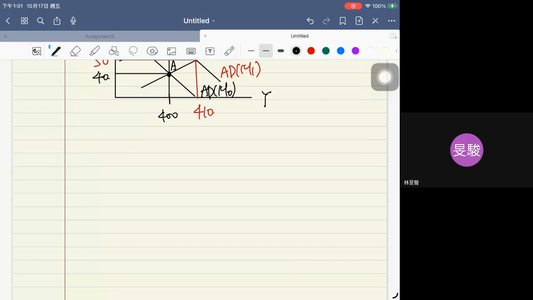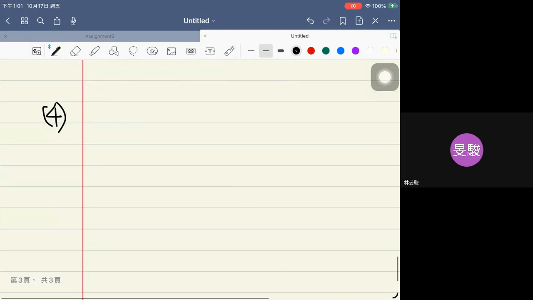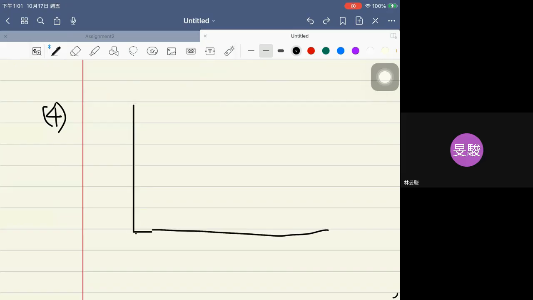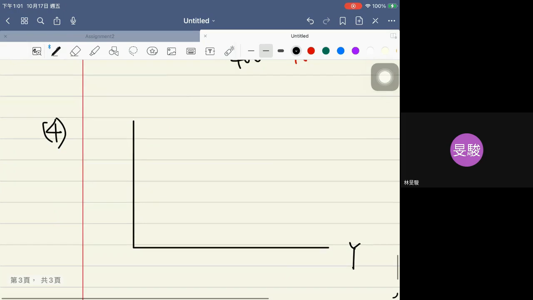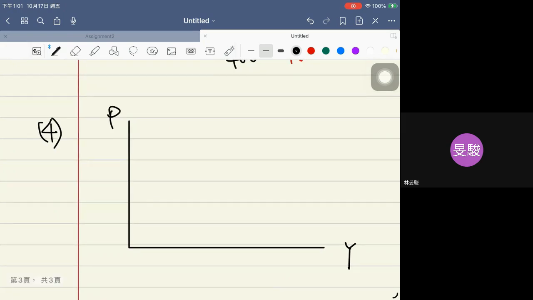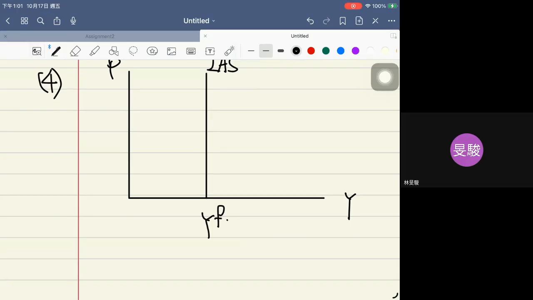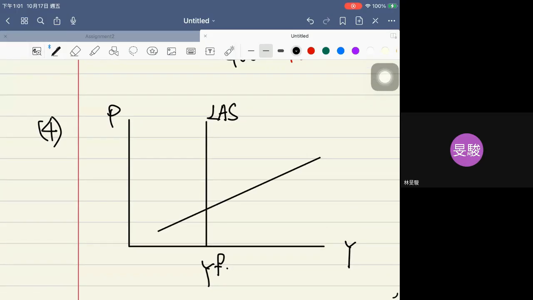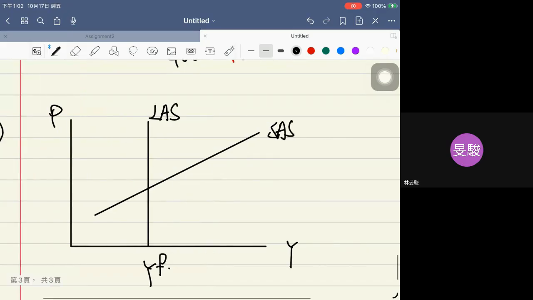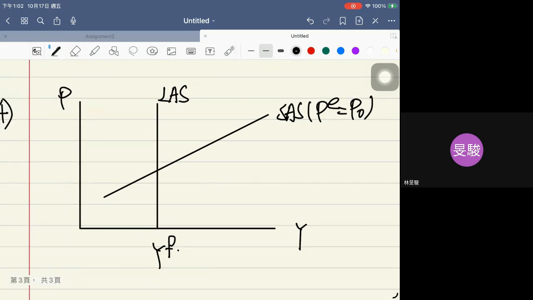The x-axis is the real output and this is the price level, and the initial long run is real output Y, and the short run is PE equal to P0, and this is the aggregate demand. Okay.